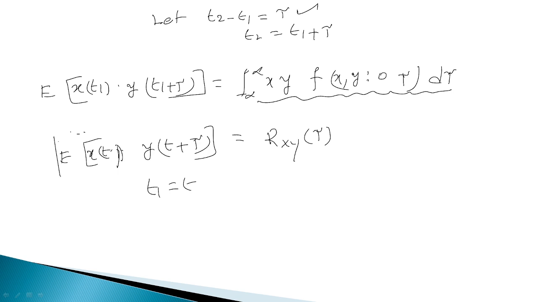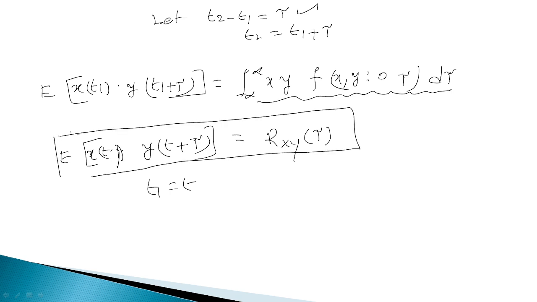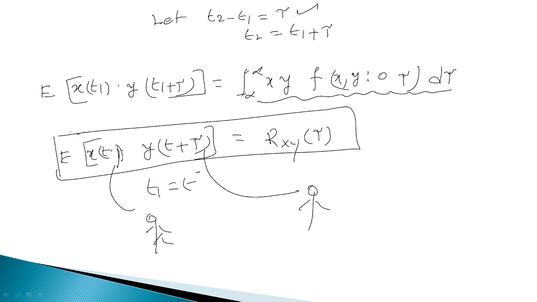So this is the cross correlation, the relation between two completely different signals. This is x of t, assuming it is in 2025, and this is y of t plus tau, assuming it is in 2026. So this is the cross correlation.